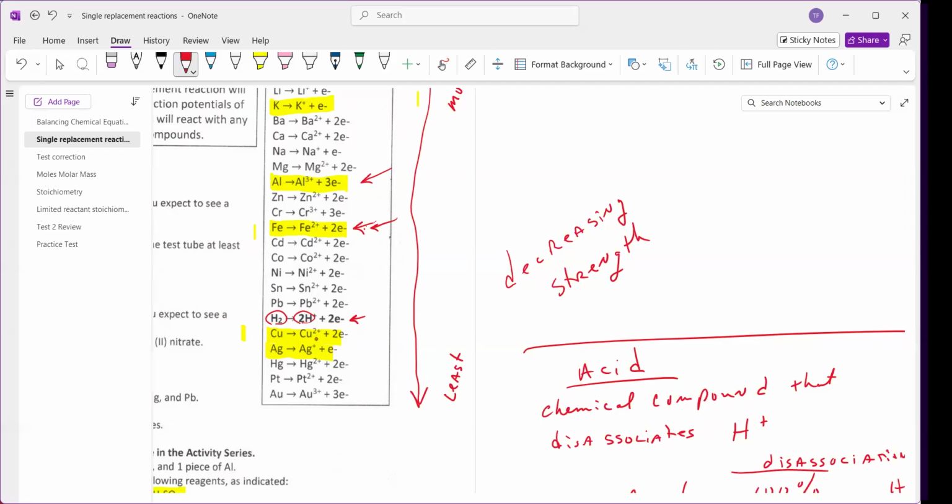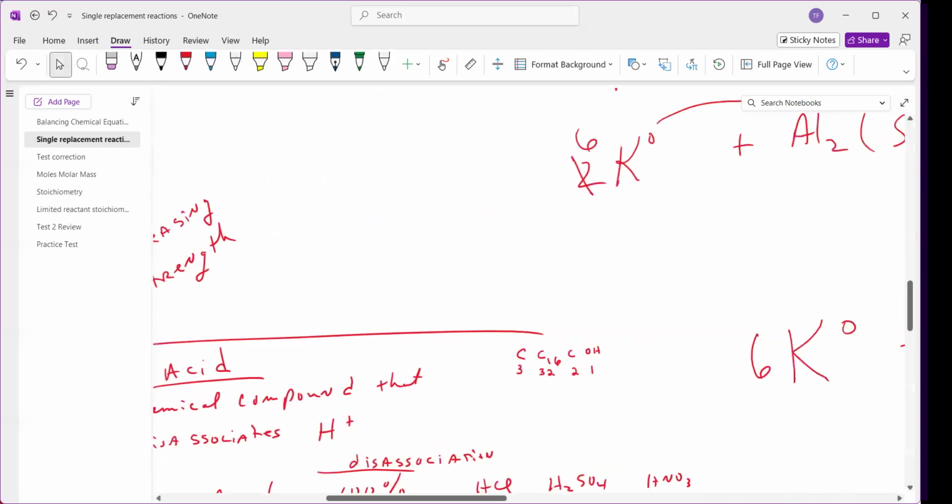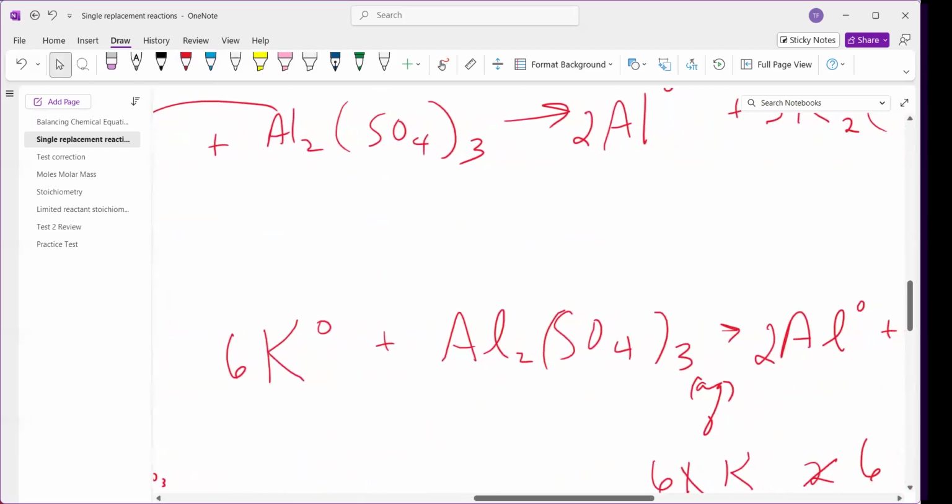The metal wants to be oxidized more than the salt wants to be reduced. And that's what the reactivity chart is based on: oxidation.